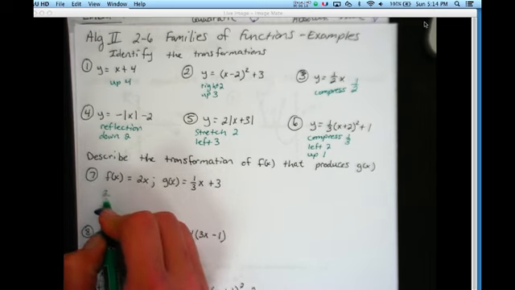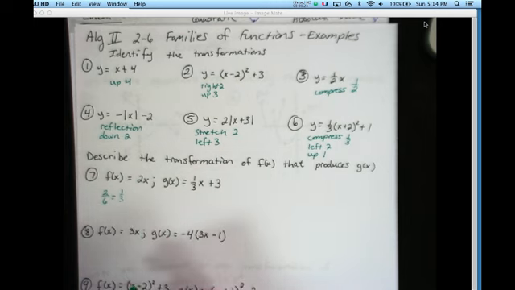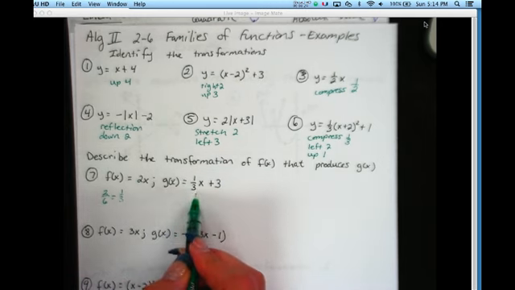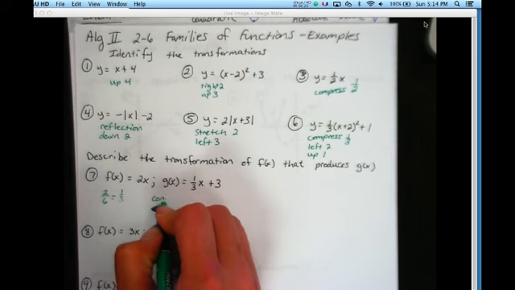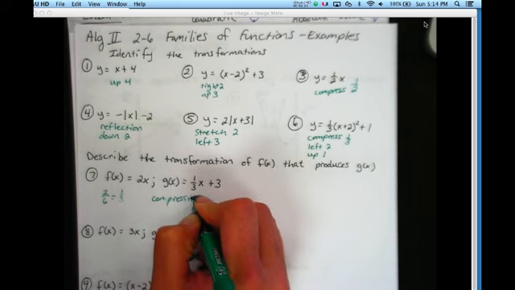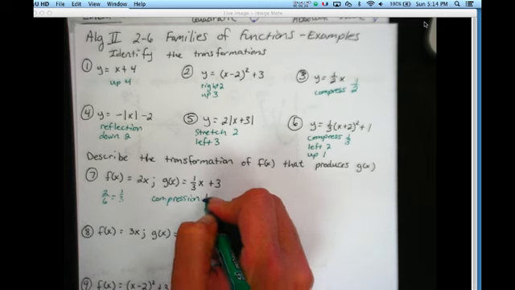So I would end up with 2/6, which reduces down to that 1/3. So to go from this equation to this equation, for this part of it, I would have a compression. And then since I divided by 6, my compression would be by 1/6.